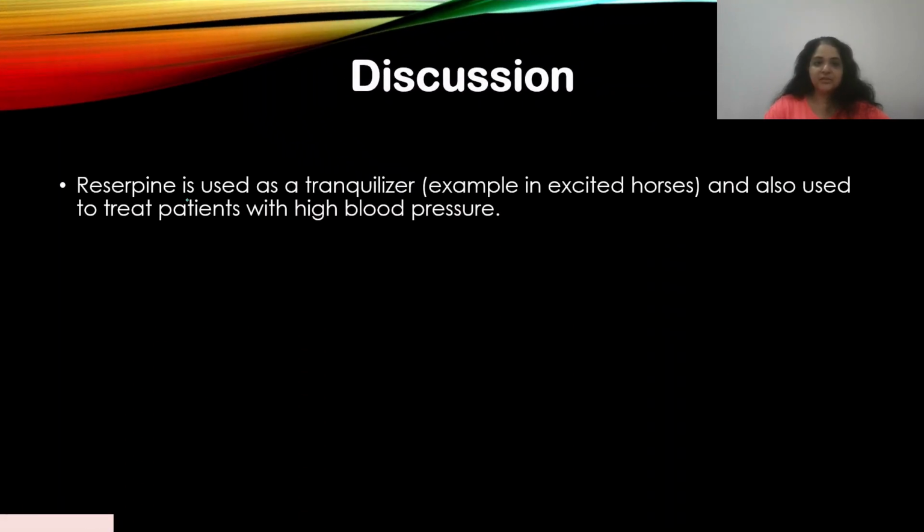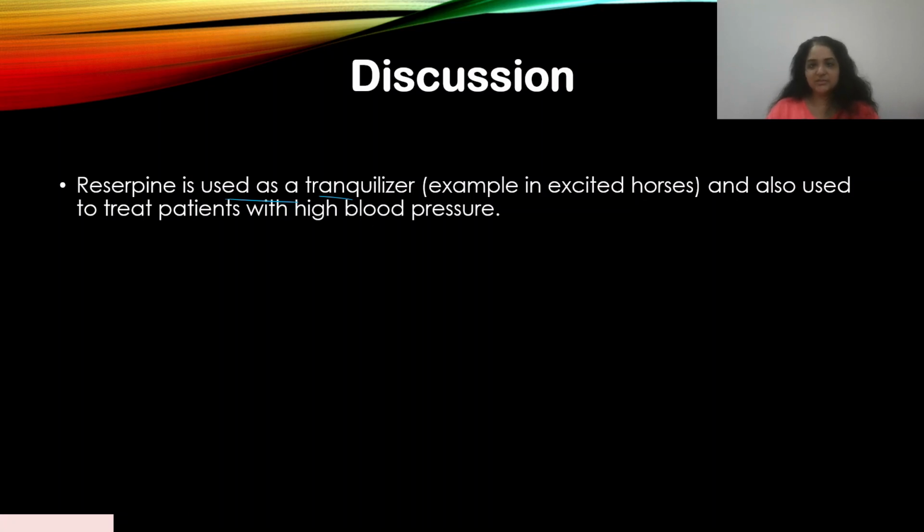Okay, let's understand this. Reserpine is used as a tranquilizer in animals mostly. It's also used in humans to treat patients with high blood pressure. In animals, for example, a horse used for racing and other competitions gets very excited, and they use these tranquilizers to calm them down.